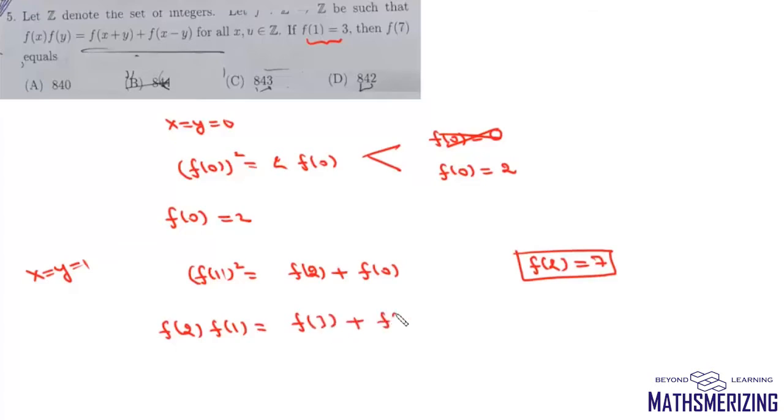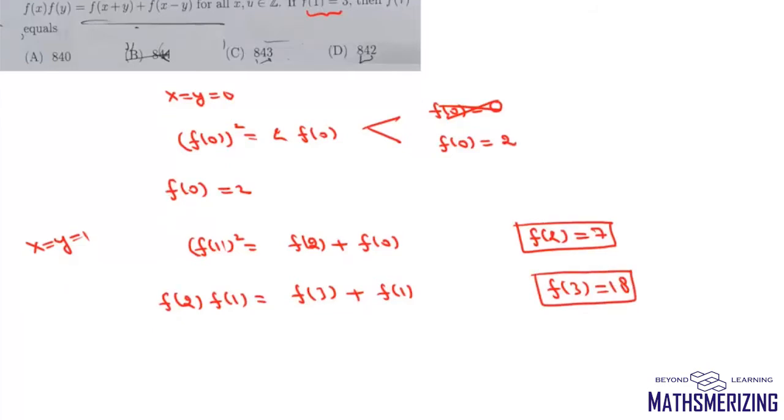f(1). Now f(2) is 7, f(1) is 3, so it'll be 21. 21 minus 3 will be 18. So the value of f(3) will be simply 18. Now we'll find f(4), and for f(4) we'll put x and y as both 2.